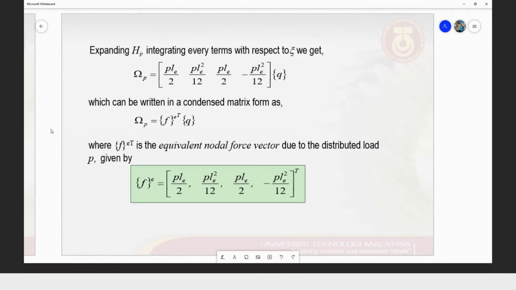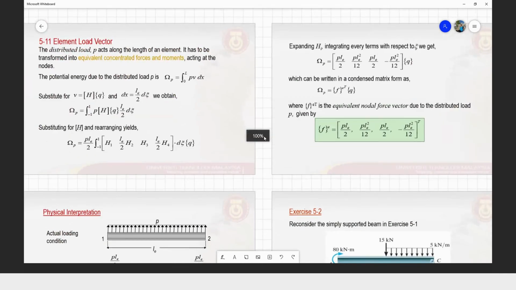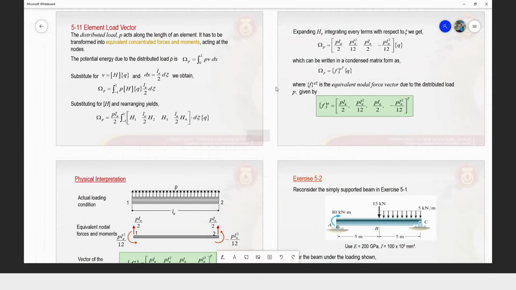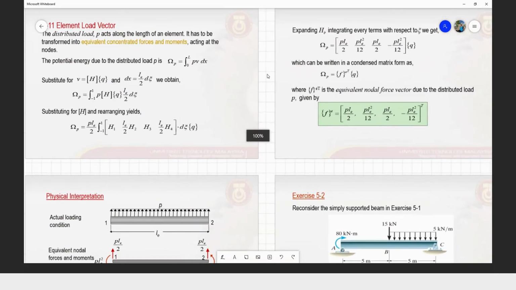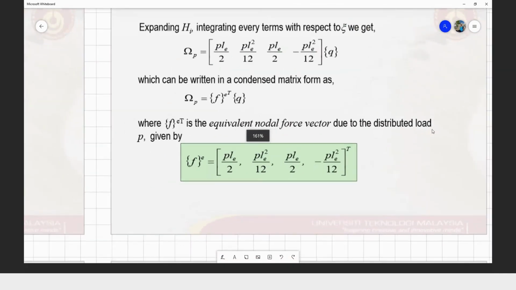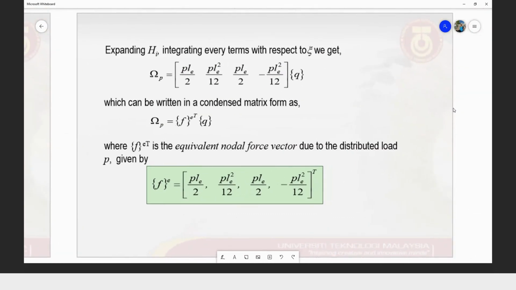Later on, we can imagine this equation should be read together with the figure at the bottom here. So okay, tak apa. I just try to make a simple explanation dekat sini. Then kita tengok detail dia dekat bawah.